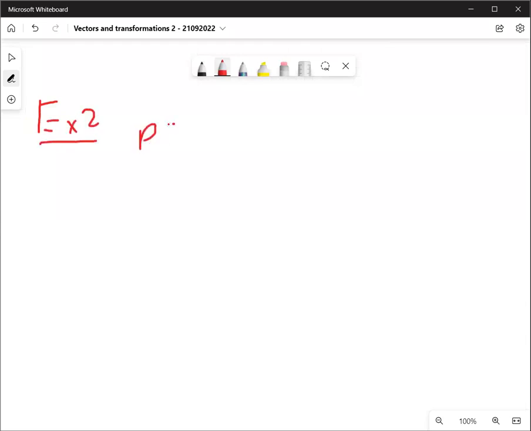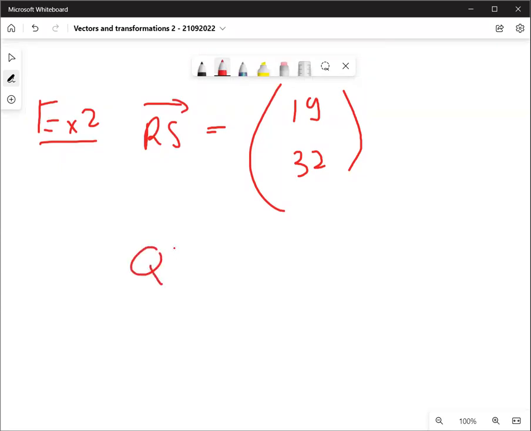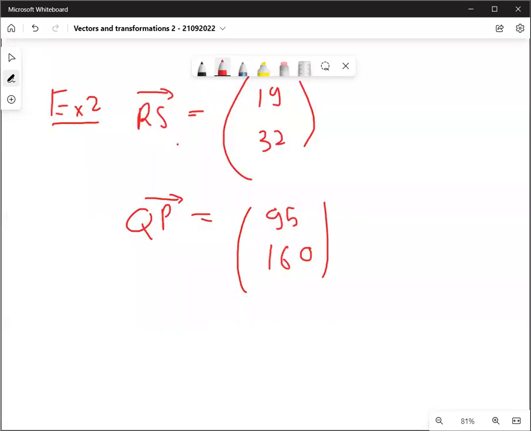Let's say RS is equal to 19, 32, and QP is equal to 95, 160. Now can you tell me whether QP and RS are parallel?